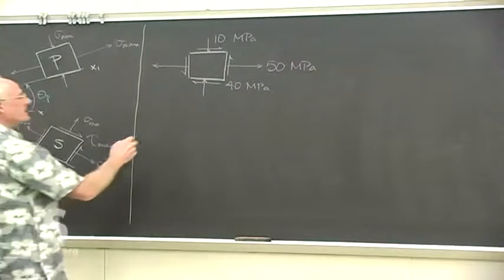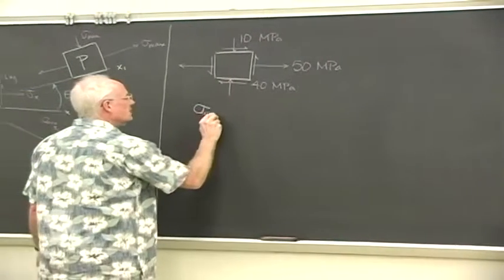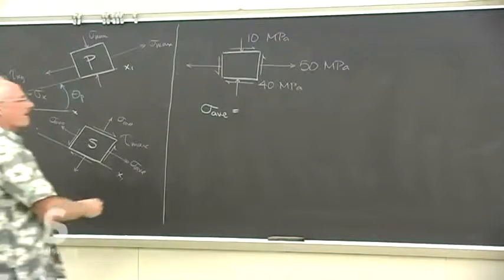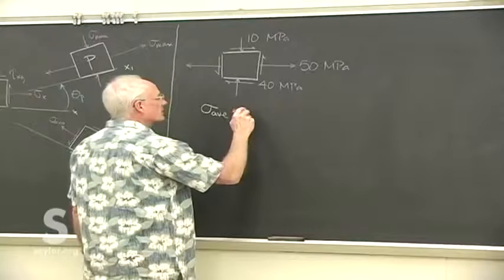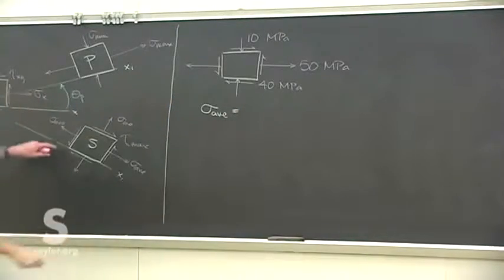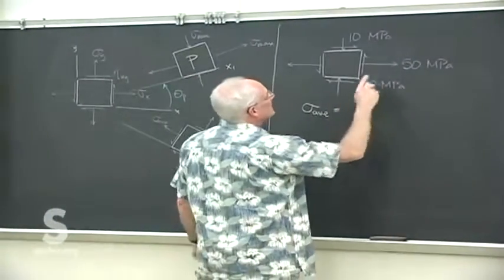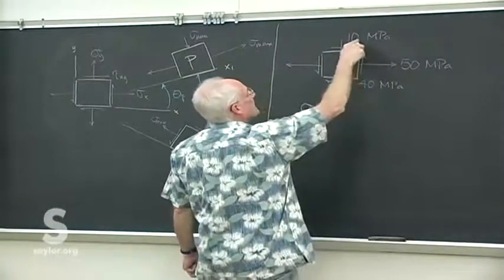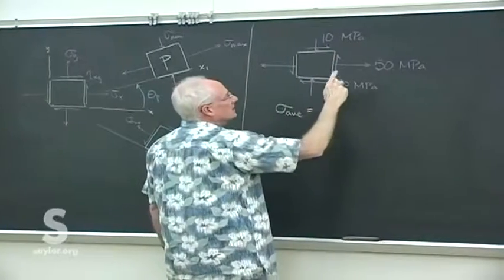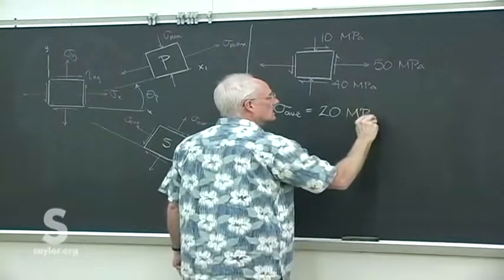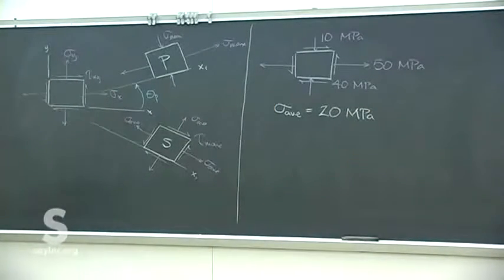All right, we need a couple pieces. We need normal stress average, because that gives us then the center of the circle. Whether you want to draw the circle or not, we still need those because it's part of the principal stresses. So let's see, that's 50 minus 10 because that's in compression, which is 40 megapascals divided by 2 is 20 megapascals.